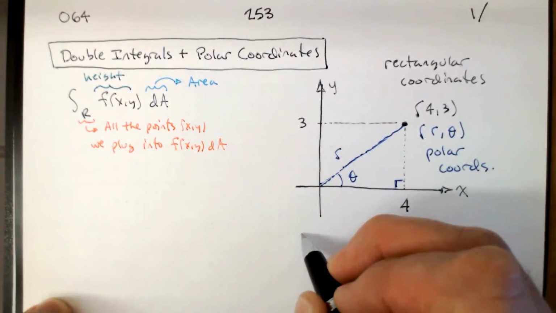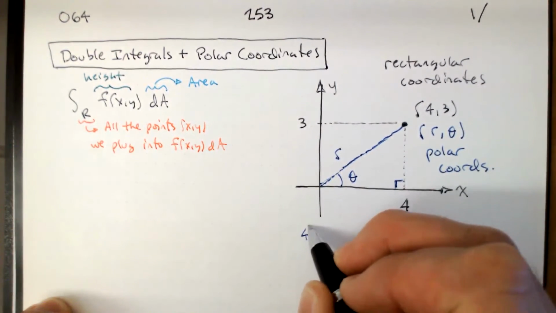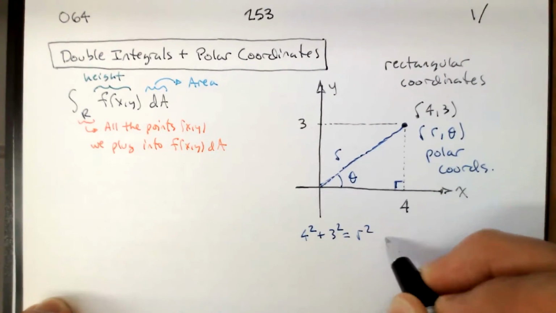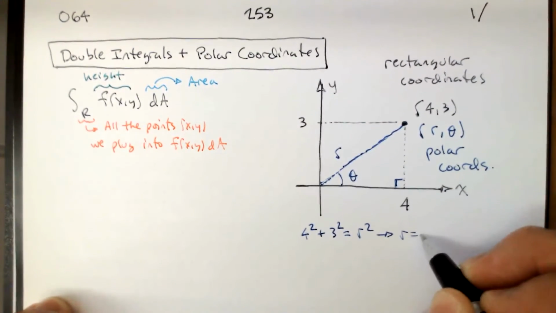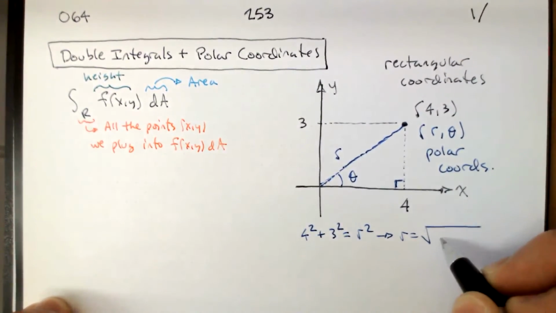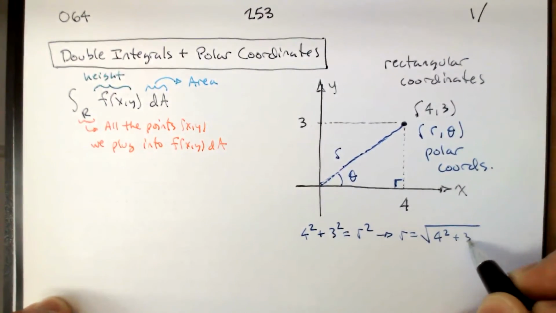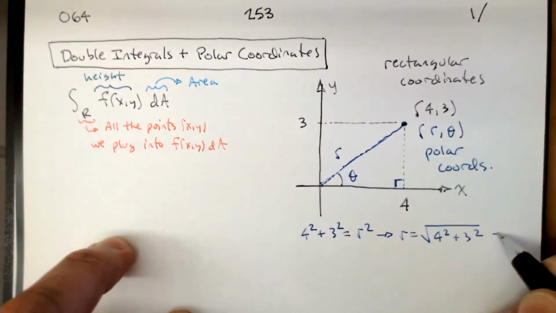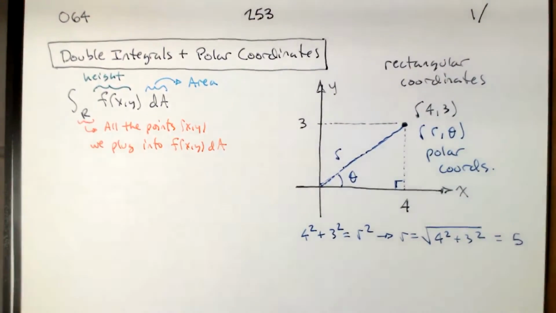So 4 squared plus 3 squared is equal to r squared. So that point is 5 units from the origin.